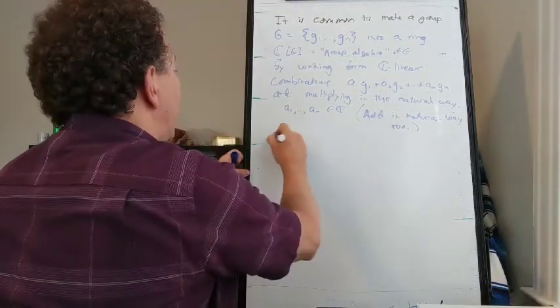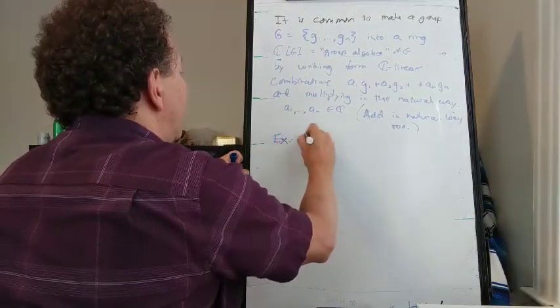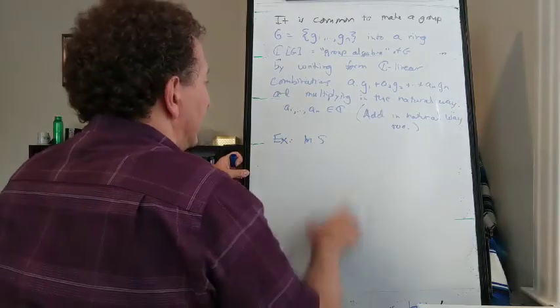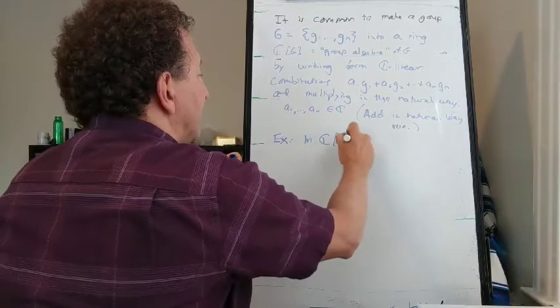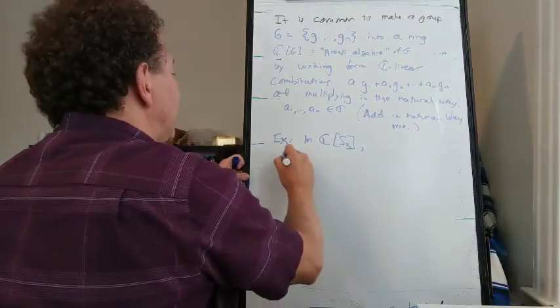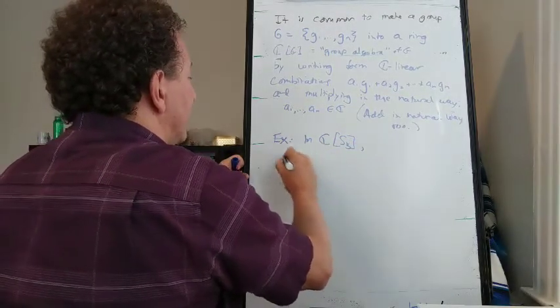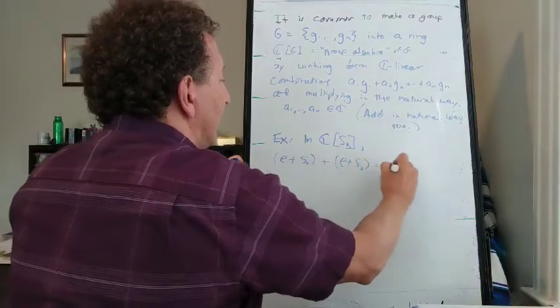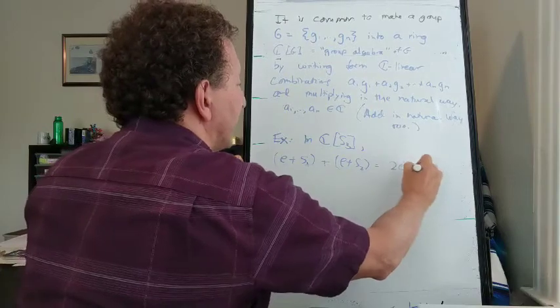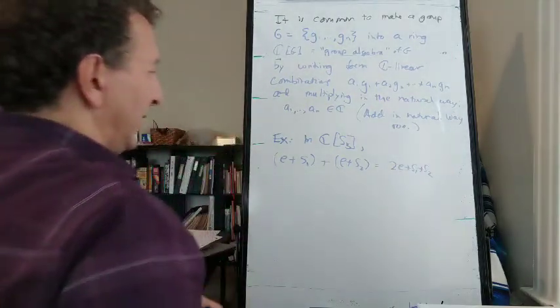For example, let's look at the group algebra of S3. If we have E plus S1 plus E plus S2, then that's 2E plus S1 plus S2.